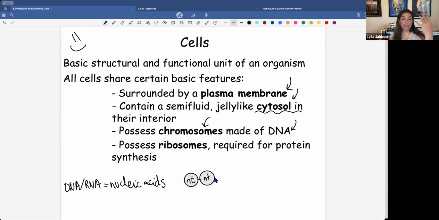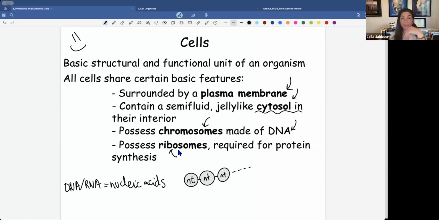Just like amino acids are strung together to form a protein, nucleotides are strung together to form a nucleic acid. We're not really getting into nucleic acids in this particular chapter, but we only have four types of macromolecules. Nucleic acids, like DNA, hold the genetic information that codes for everything that makes up the cell. So it's basically the code for making the cell.